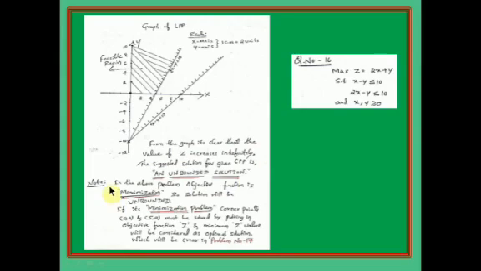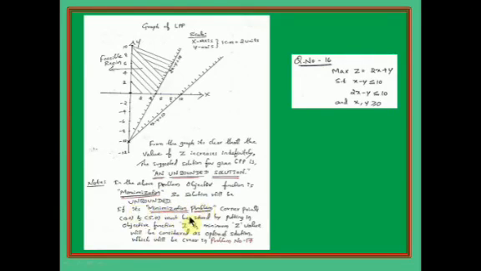Note, in this above problem, the objective function is maximization. So, the solution will be unbounded. Whatever I have explained already is being given once again in terms of a note. Since maximization is there, it's an unbounded solution.